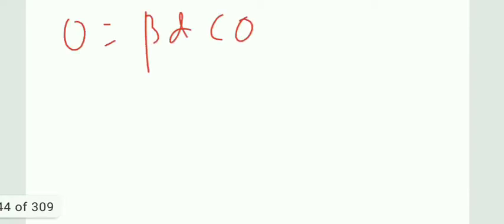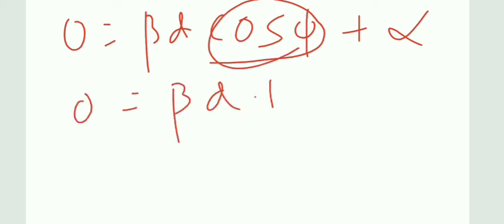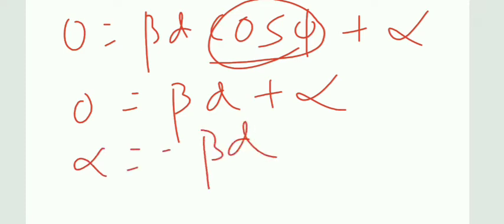So psi 0, so 0 is equal to BD cos phi plus alpha, and phi is also 0. So cos 0 is 1. So 0 is equal to BD plus alpha. So alpha is equal to minus BD.